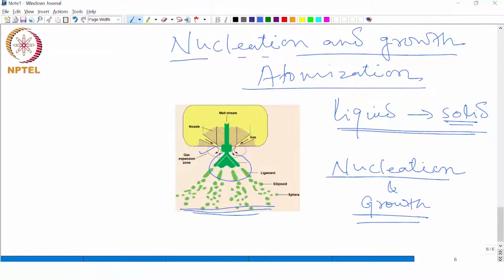Okay. For example, if you see water, as we all see water, it is liquid at room temperature and atmospheric pressure, right. So, that tells you that liquid water is the more stable phase at room temperature and atmospheric pressure, because that particular state will give it the minimum energy.